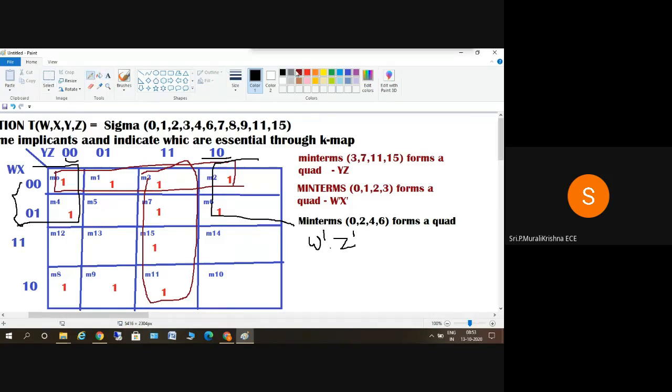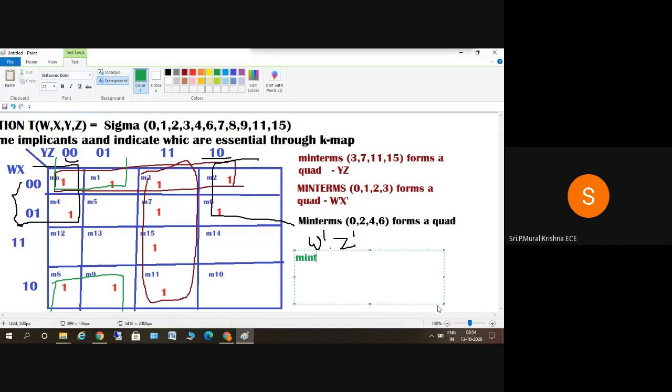And we can form the next one: 0, 1, 8, 9. These four can form a quad here. So minterms 0, 1, 8, 9 form a quad.